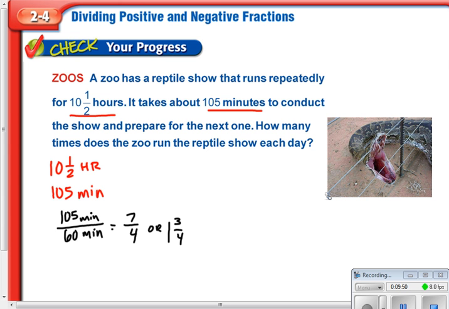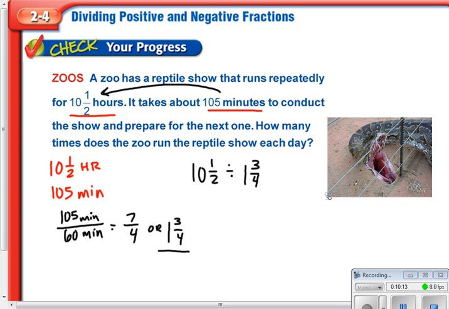So 1 3/4 hours. We want to figure out how many times this reptile show runs in 10.5 hours. So 10.5 hours divided by our 105 minutes, which we converted to 1 3/4 hours, basically.